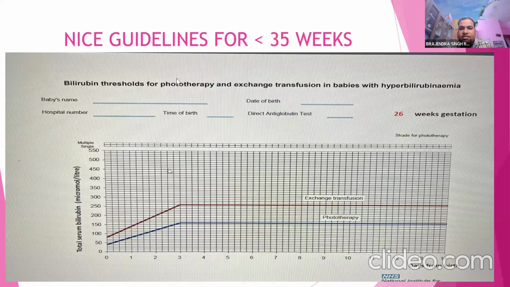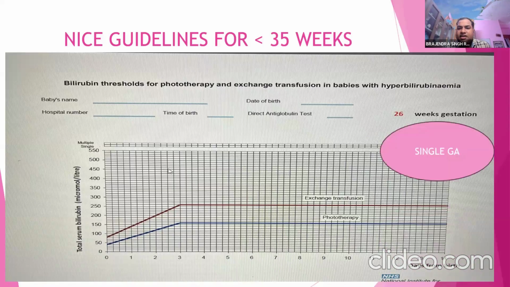An important difference is this: these charts are for individual gestational age. This chart is for only 26 week gestational age, and the same chart shows both the phototherapy cutoff level and the exchange level.